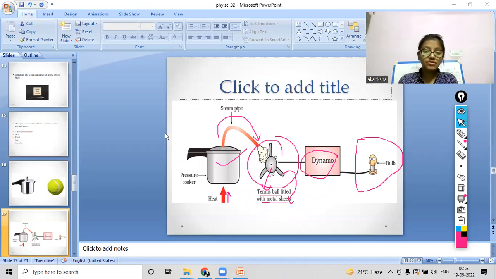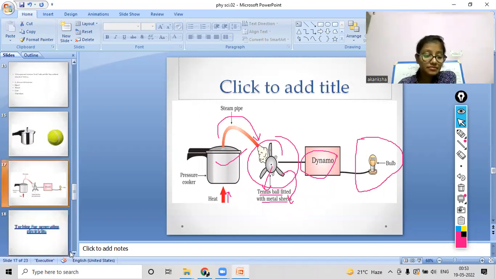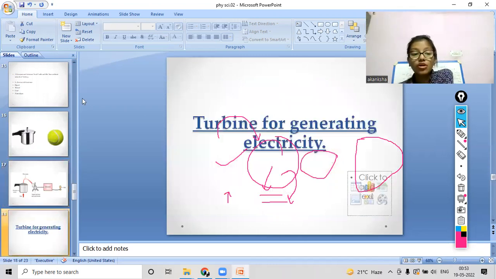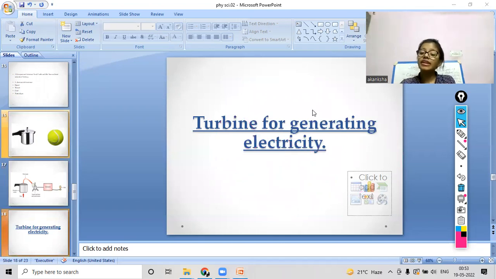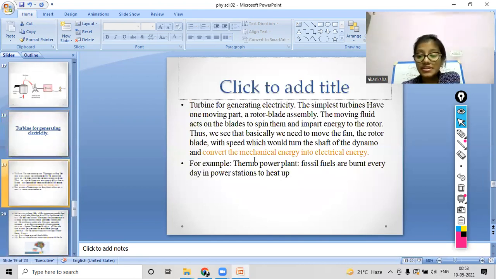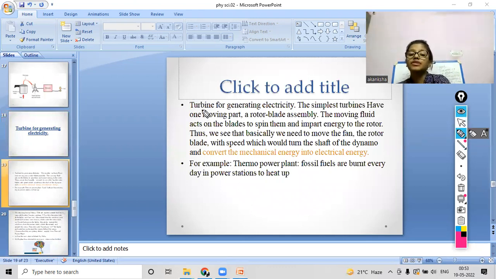Okay, so this was all about this experiment. The topic that we will be discussing right now is the turbine for generating electricity. How is the turbine helping in the generation of electricity? So let's see some details. The turbine is used for generating electricity.